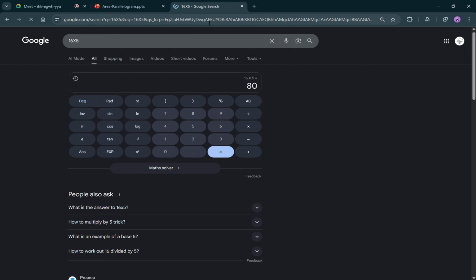So the final answer to the question is 80 centimeters square. Good.